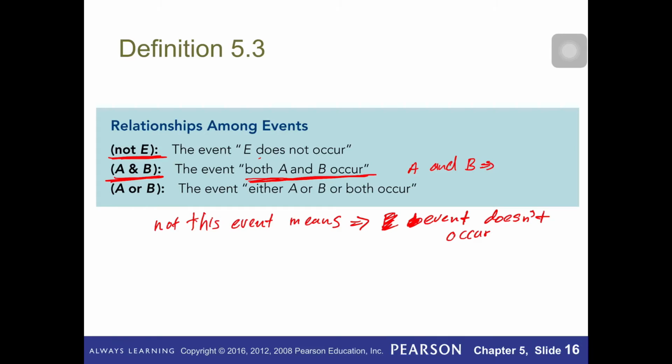Then A or B, either A or B or both. So A or B means consider A, B, or A and B together.